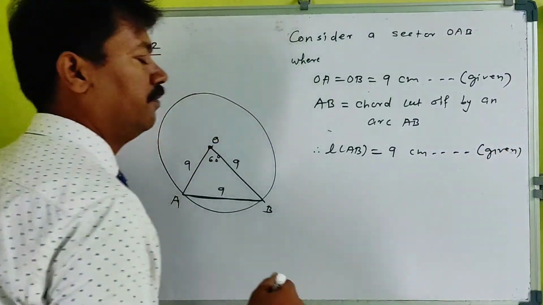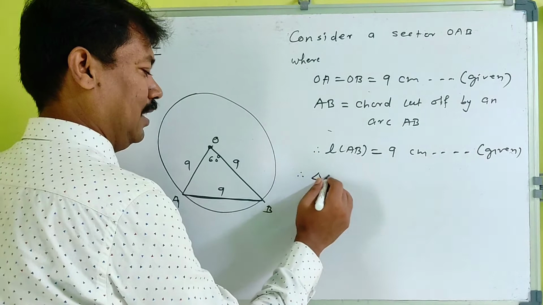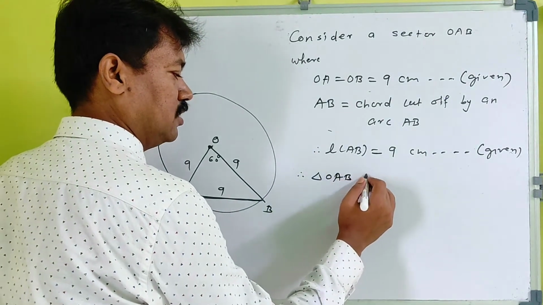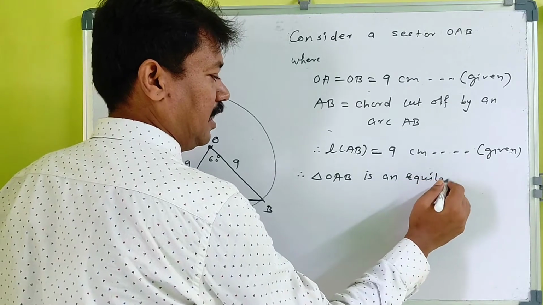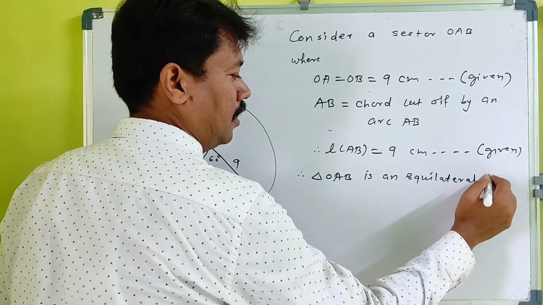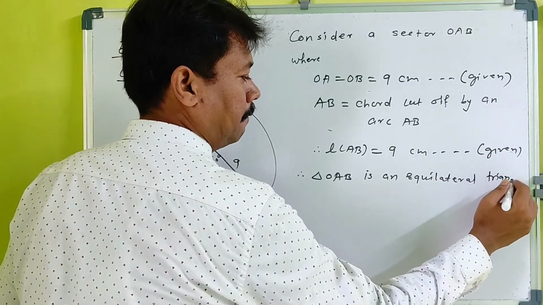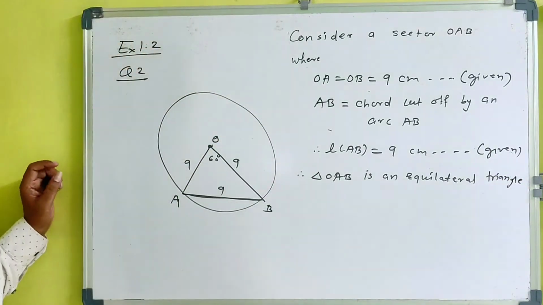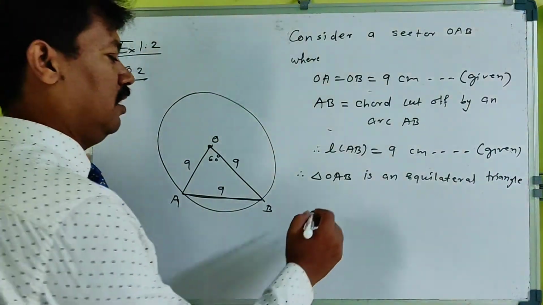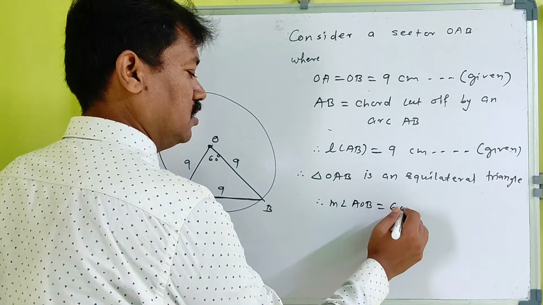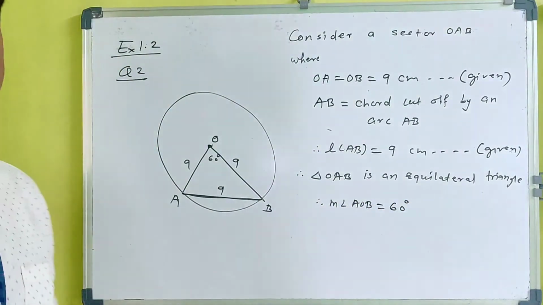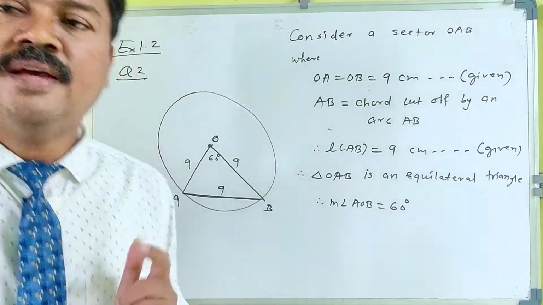So it is also given, and therefore triangle OAB is an equilateral triangle. OAB will be an equilateral triangle. Therefore, angle AOB is 60 degree, because in an equilateral triangle all angles are equal to 60 degree.